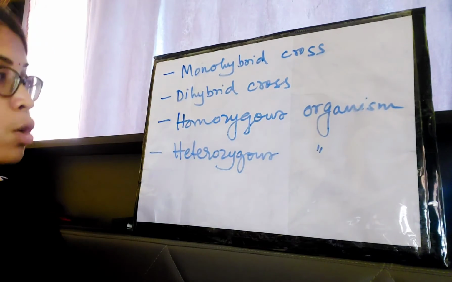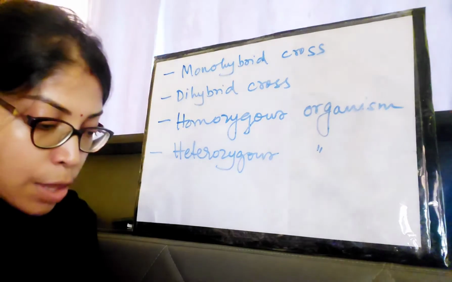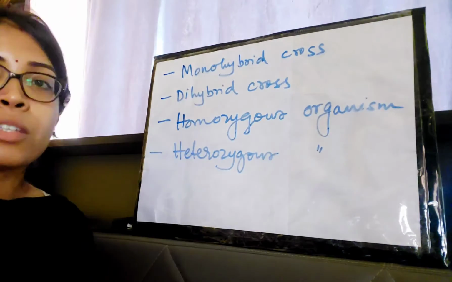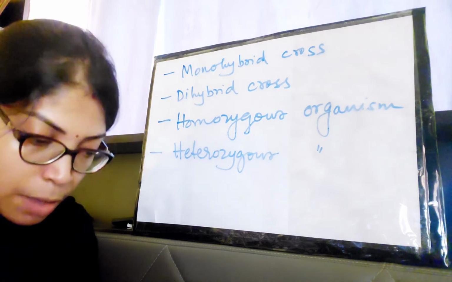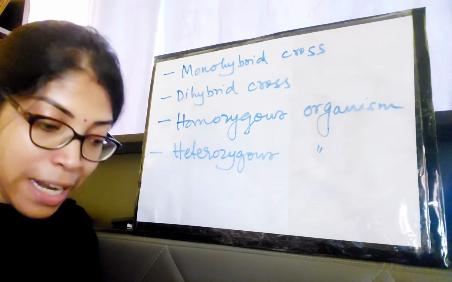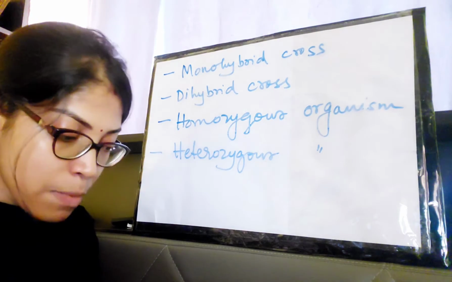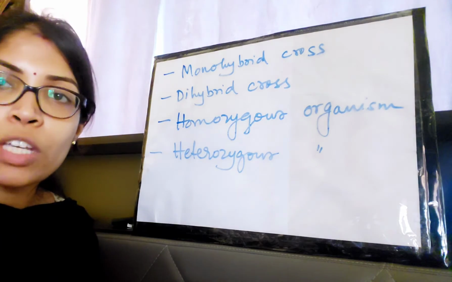Okay, so what is homozygous and heterozygous? First, talking about homozygous, the word homo basically means same. Okay, look into the definition. When the pair of genes present in the corresponding locus of the homologous chromosome are exactly same, the organism is known as homozygous organism, the other name of which is pure.